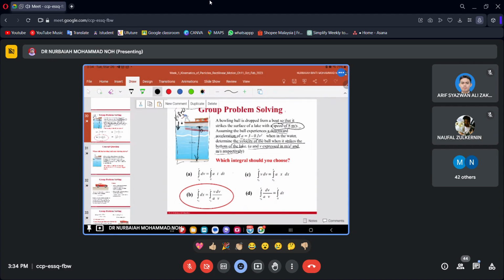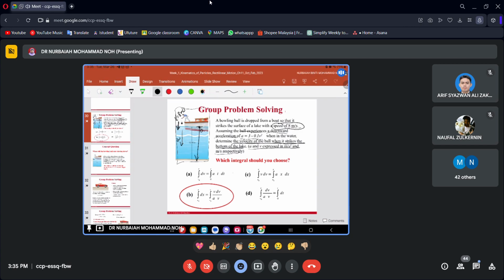And then assuming the ball experiences a downward acceleration A, maksudnya A positif lah. A is equal to 3 minus 0.1 V square when in the water. Determine the velocity of the ball when it strike the bottom of the lake.